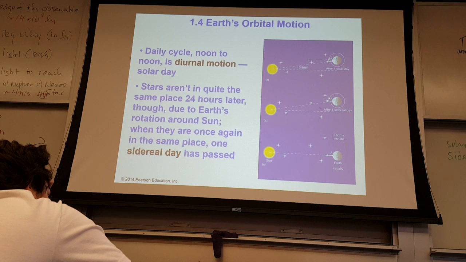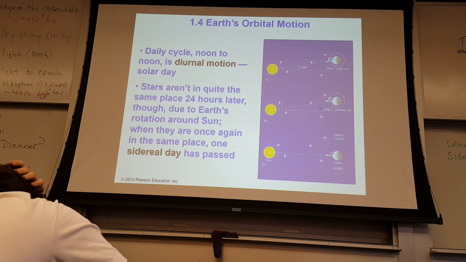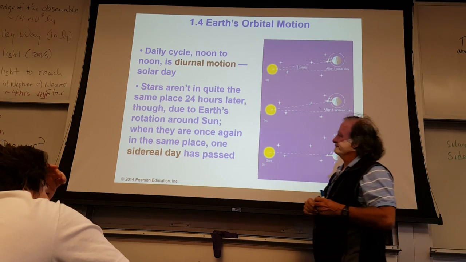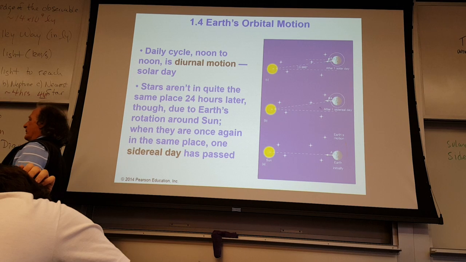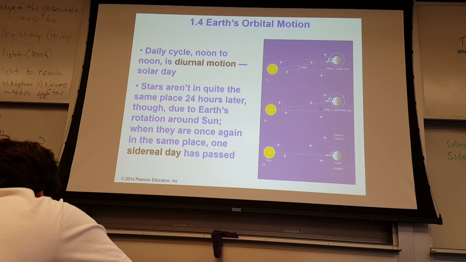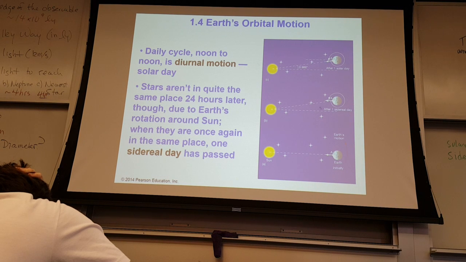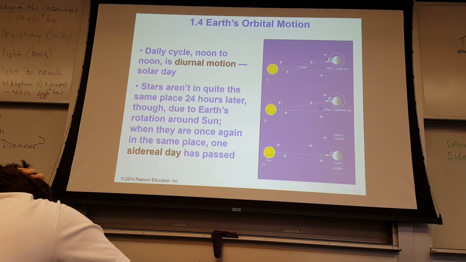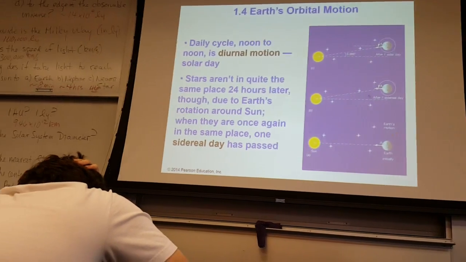Sidereal day is 23 hours and 56 minutes. So we also talked about the sidereal clock or 24-hour clock. And that's when the respective stars pass the celestial meridian.